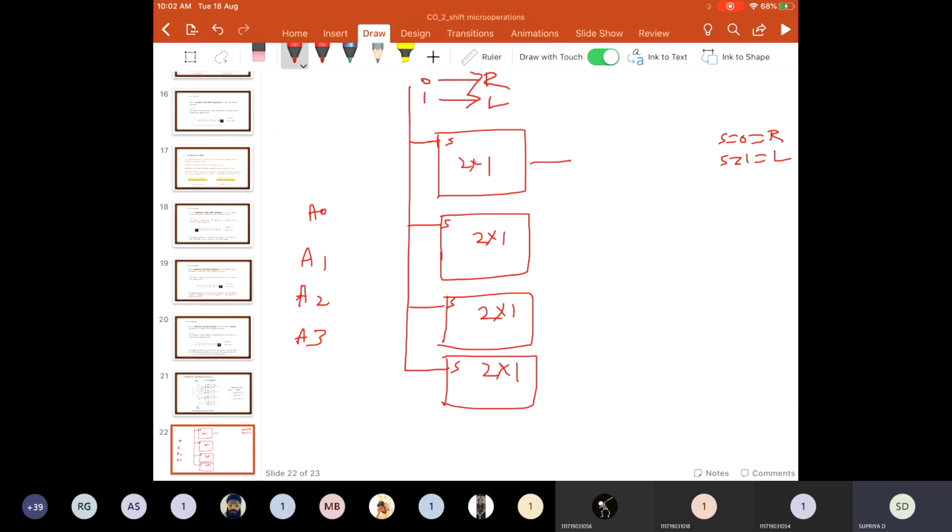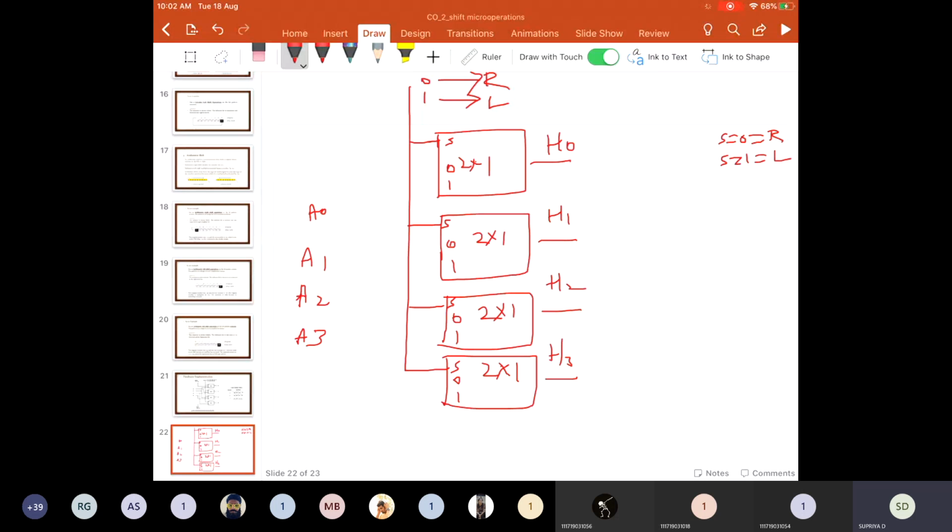For these multiplexers, I'll get one output from each. I'm representing them as H0, H1, H2, and H3. 0 or 1 can be selected at each time.